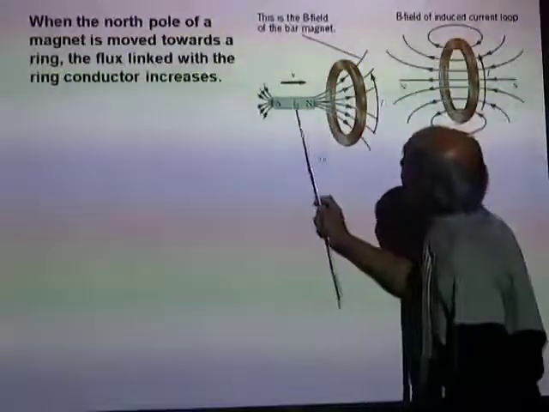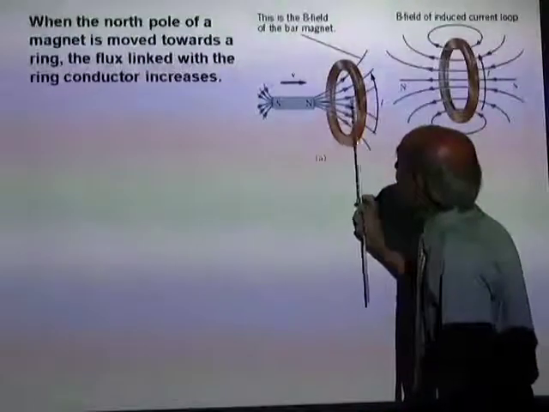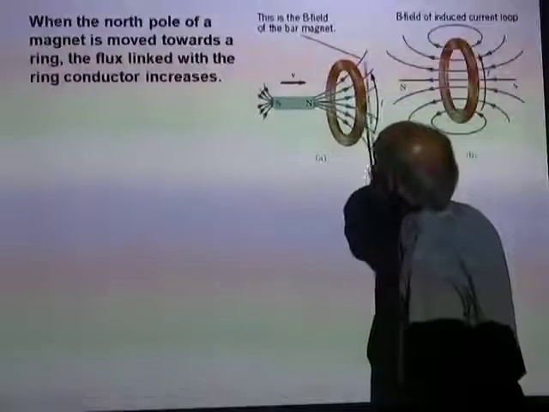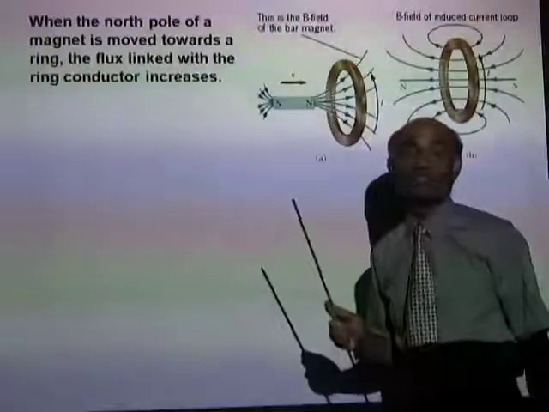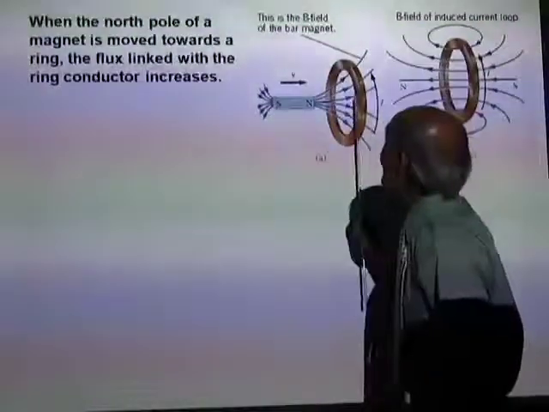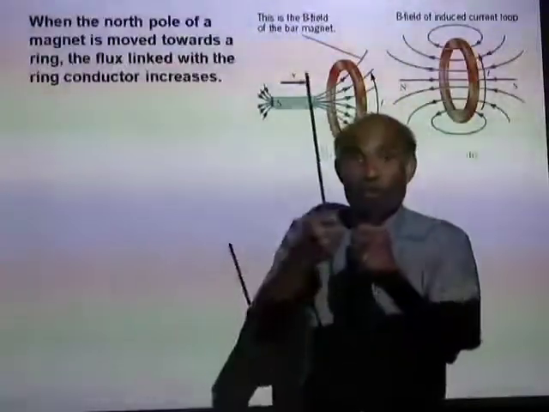Now, if a north pole is brought closer, what kind of pole on this side of the conductor will oppose the coming north pole? It has to be a north pole itself, isn't it? Only a north pole can oppose a north pole.